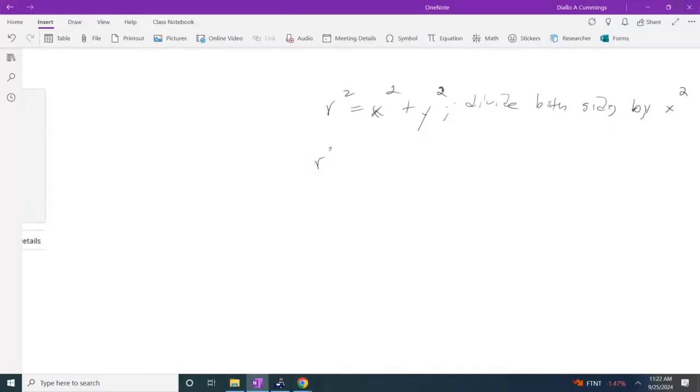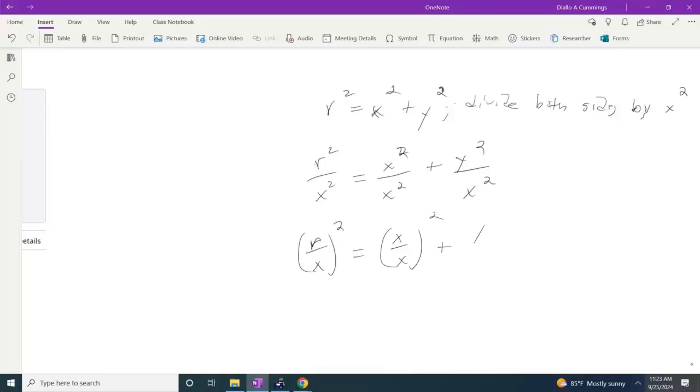All right, so I have r squared over x squared is equal to x squared over x squared plus y squared over x squared. So then once I simplify, r over x quantity squared is equal to x over x quantity squared plus y over x quantity squared.